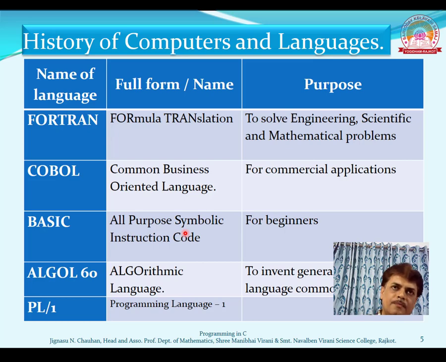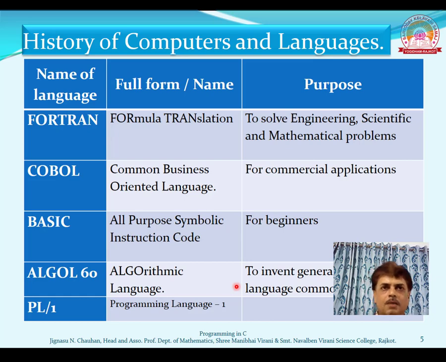At that time there was a thought that we must not use different languages for different purposes. We must invent one general purpose language which can be used for all purposes, all types of problems.